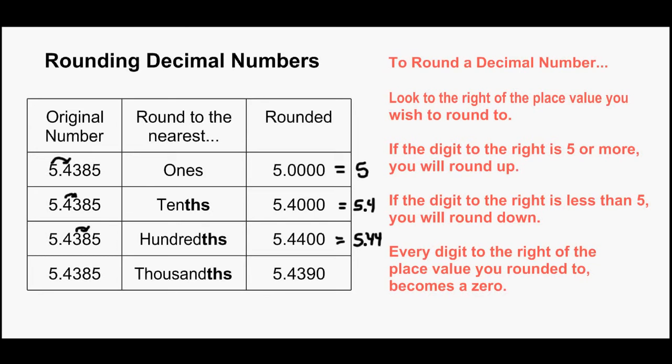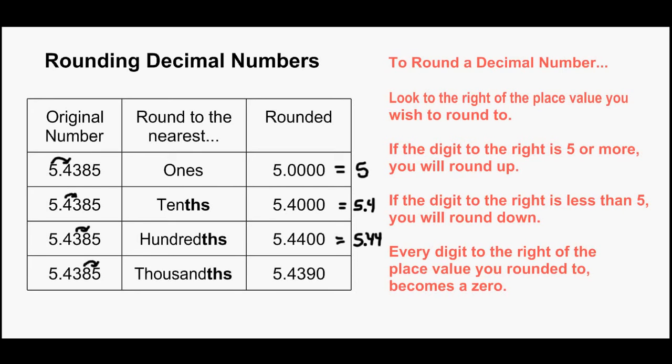Our number rounded to the nearest thousandth. Let's look to the digit to the right of the thousandths place. It is a 5. According to the rounding rule, if the digit to the right is 5 or more, you will round up. So our digit in the thousandths place, 8, will be rounded up to 9.